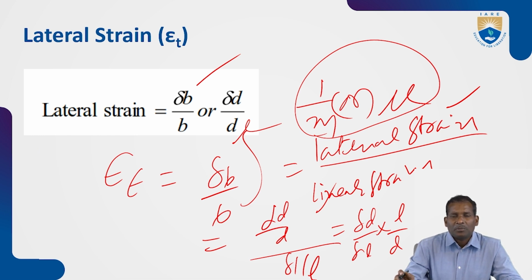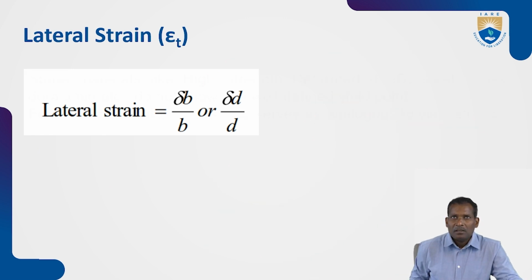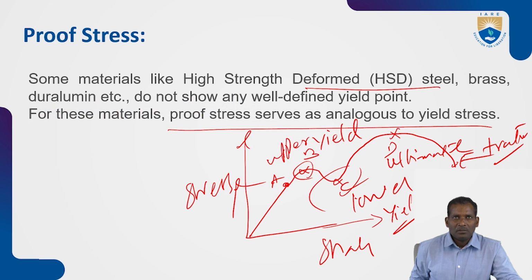That depends upon the material and the application. This ratio is important in the elastic constants relationship. The relations we have already seen in previous sessions. And also proof stress.